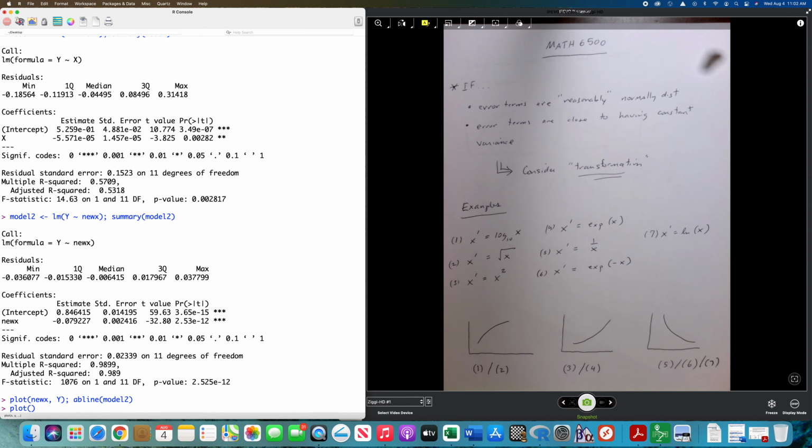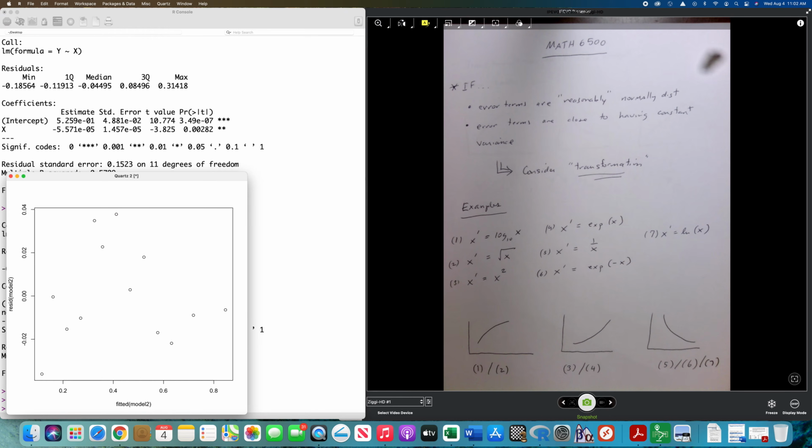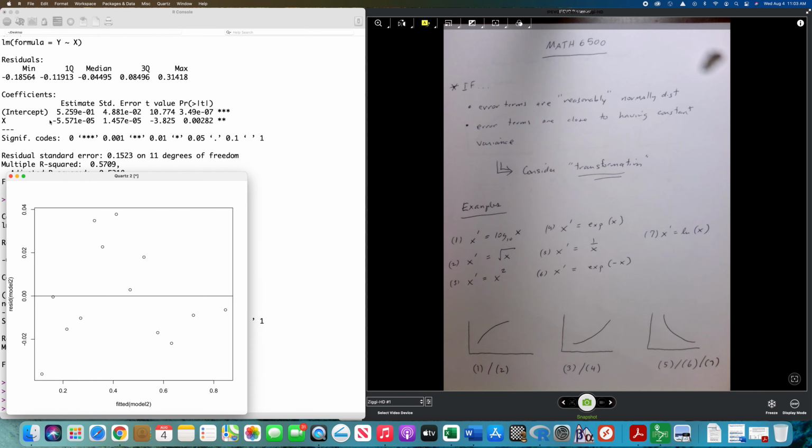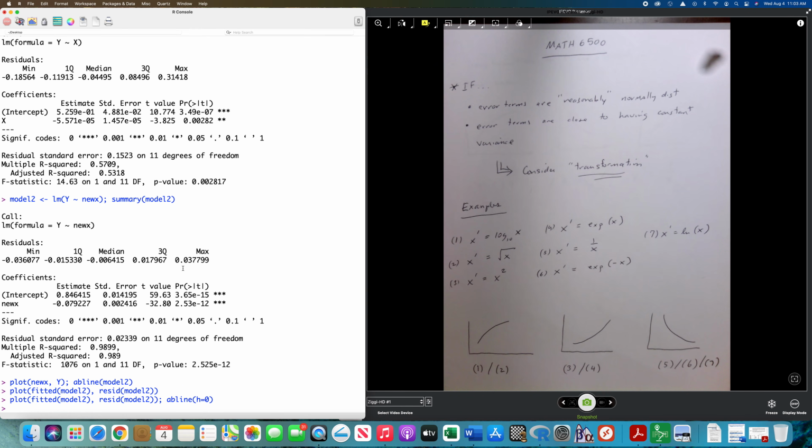We can also look at the fitted values for model 2, or I should say the residuals over the fitted. And let me be consistent here. And you can see that we do have a relatively constant variance, again, a shotgun blast as a way of visualizing it.